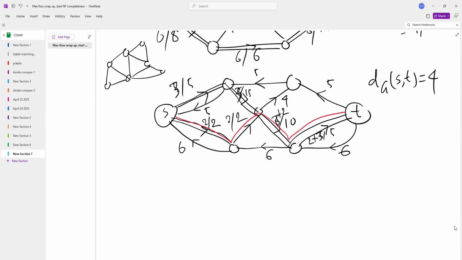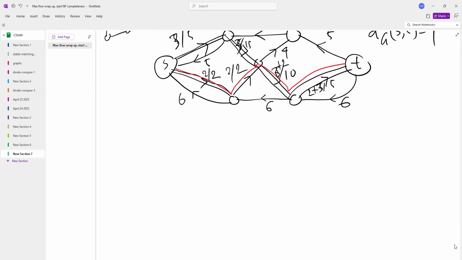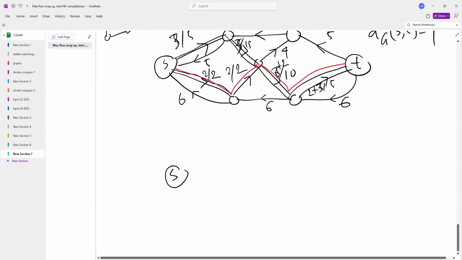Okay. But at this point, we did the blocking flow, and now we're going to compute the residual graph again, right? So what is going to happen?